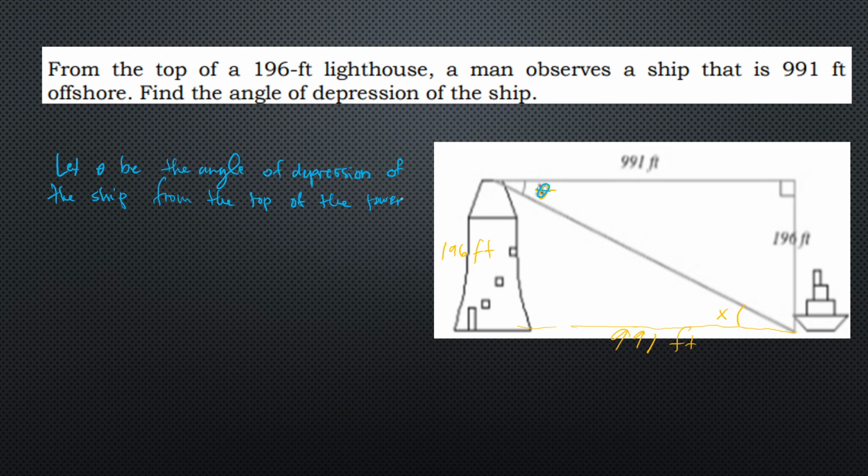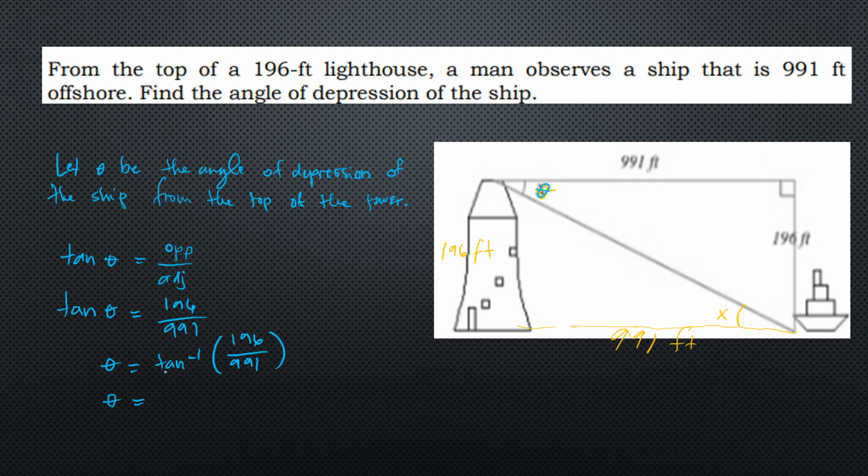So you have to check which part of the triangle is given. So, for example, in this perspective, the 196 feet is just the opposite, and then 991 is just the adjacent. So, we use tangent theta equal to opposite over adjacent. Tangent theta, the theta is missing, so the opposite is 196, and then the adjacent is 991. So to solve for tangent inverse, just simply press shift and then type this function.